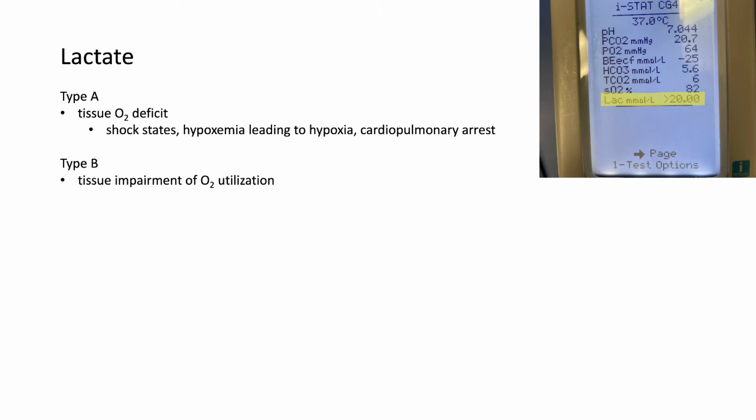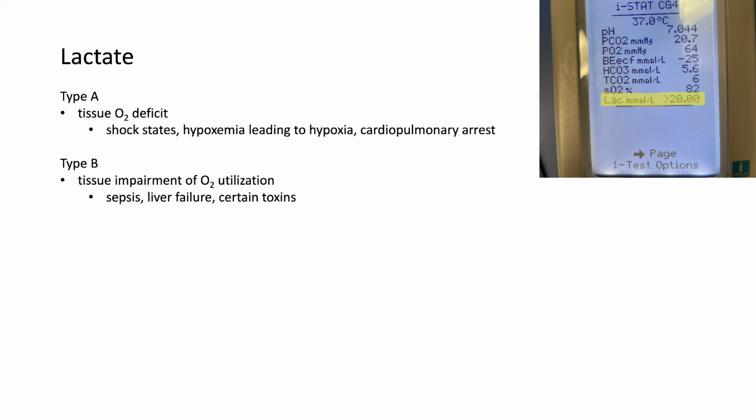Type B is when there isn't necessarily a deficit, like a decreased availability of oxygen, but there's an impairment of O2 utilization. Things like sepsis can cause mitochondrial dysfunction and can result in impaired ability for the cells to uptake and utilize oxygen.